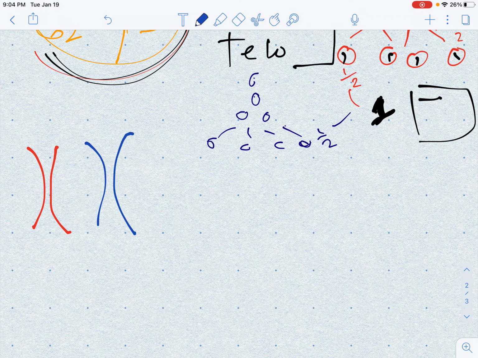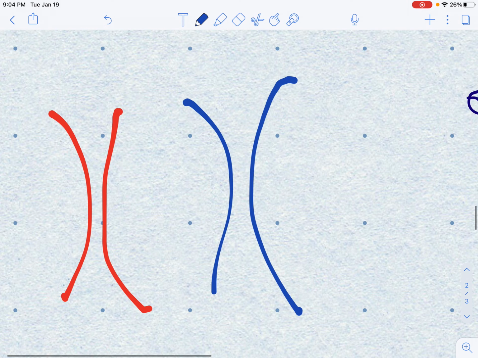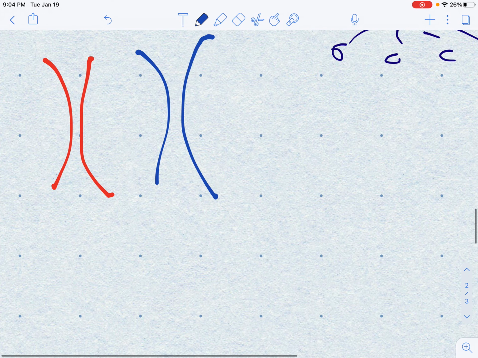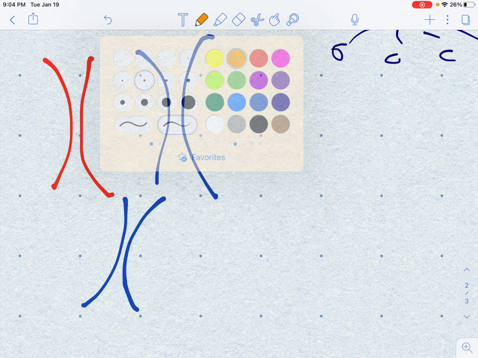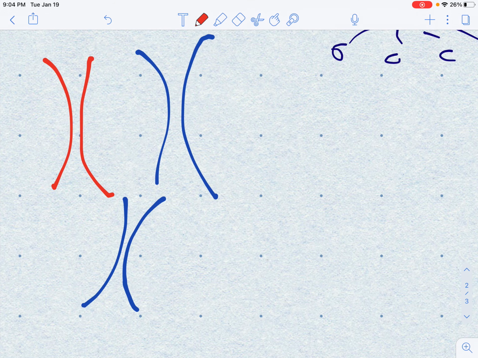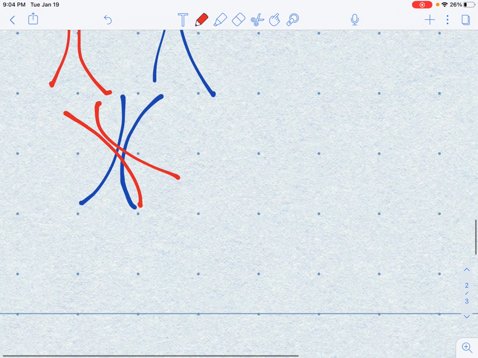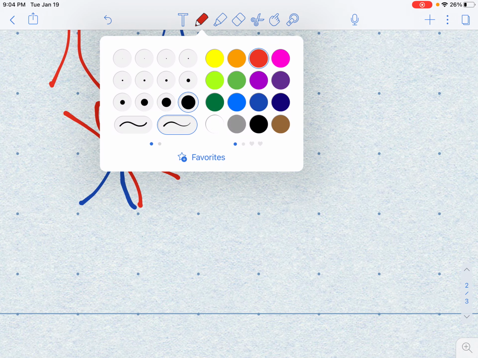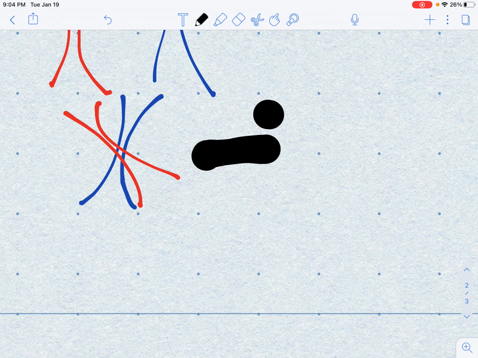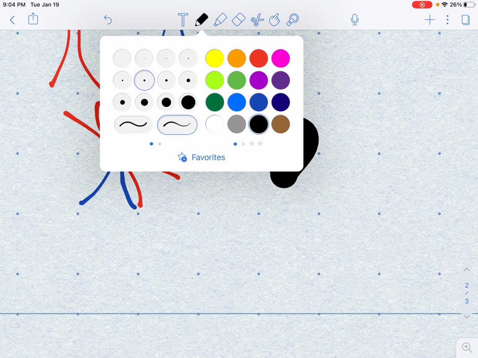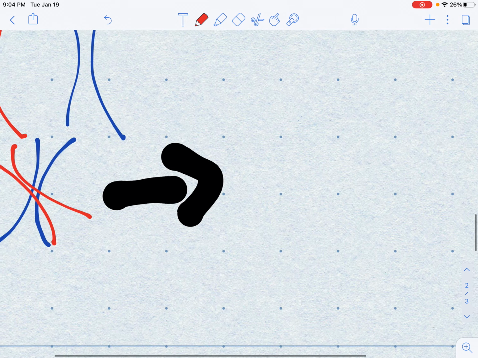So what it does is that, let's say we've got these two chromosomes. What crossing over allows is that these chromosomes are literally going to cross over themselves and give each other certain material that will allow them to pretty much become transformed.